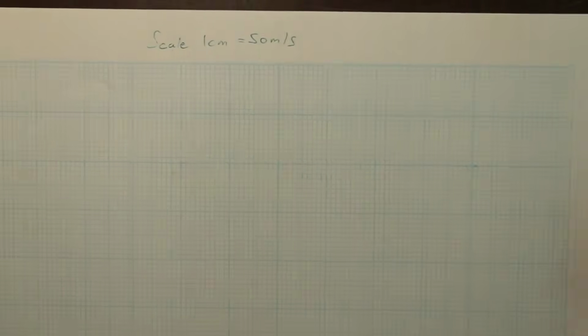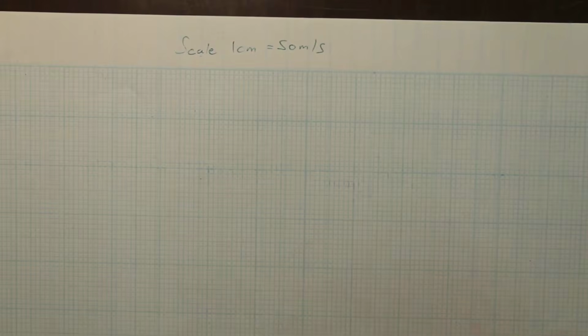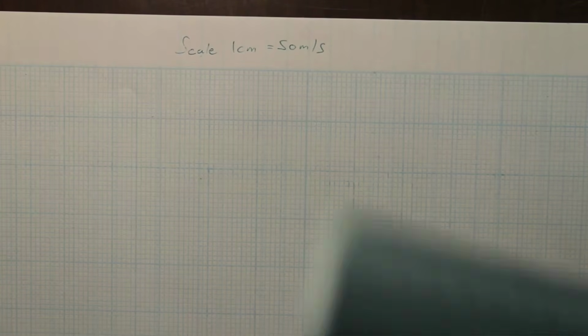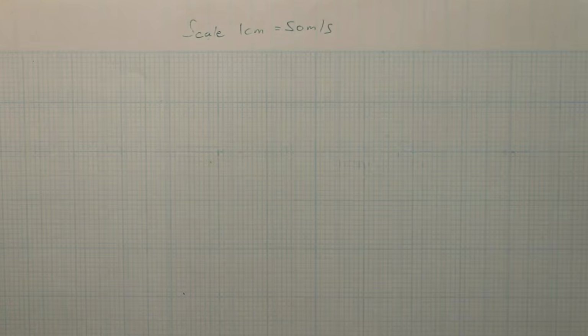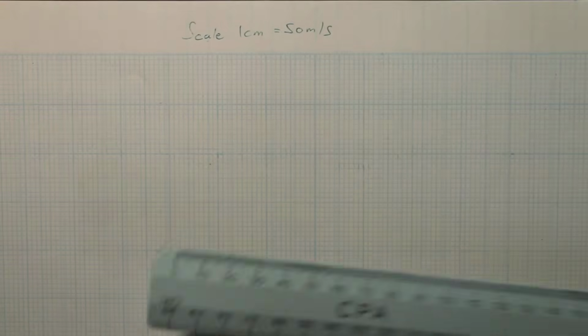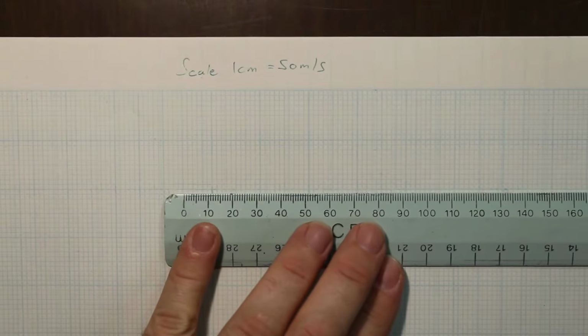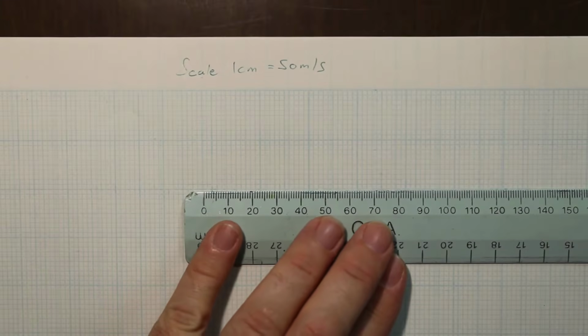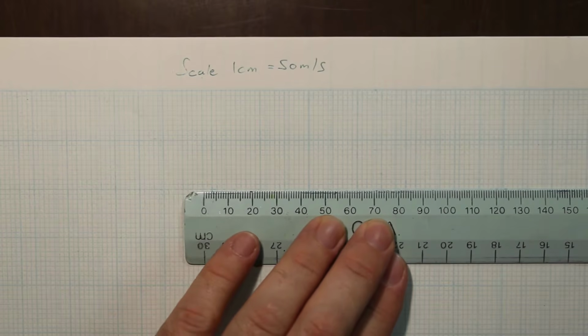Before we begin, the easiest place to start in this situation is with the speed of the rotating blades. So we can start off over here. They said that the speed of that blade is 300 meters per second.